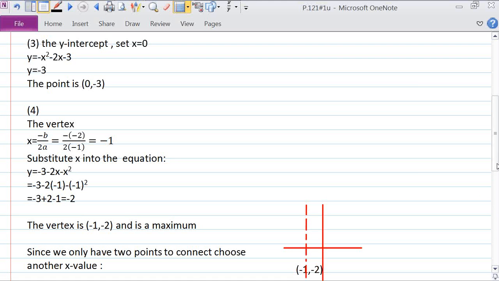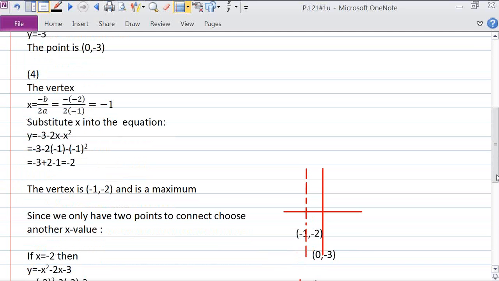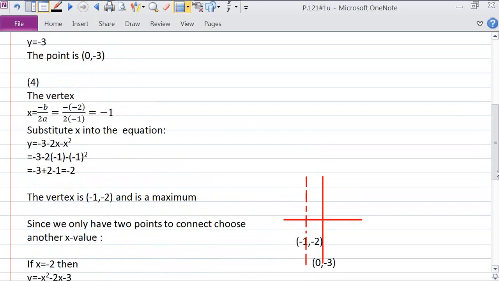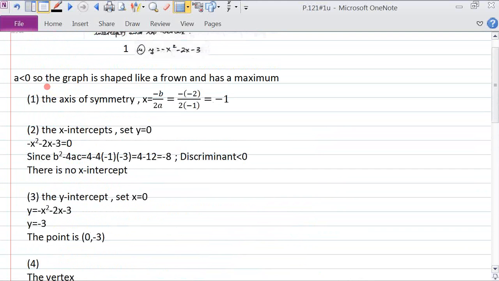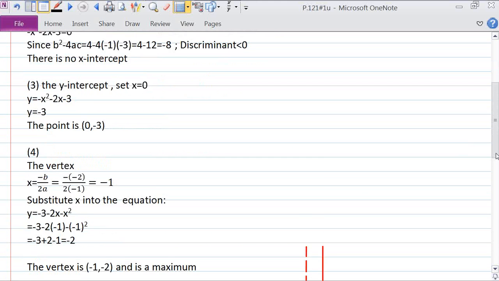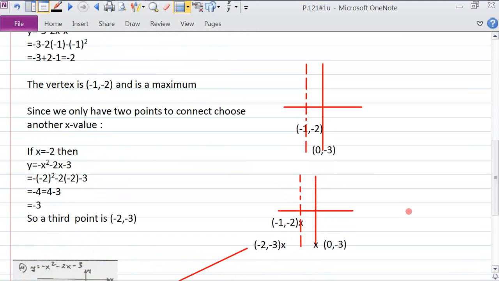And because the coefficient of a is negative, this is going to be a frown. The graph is shaped like a frown and has a maximum. So the vertex is going to be a maximum. Here is the vertex right here.